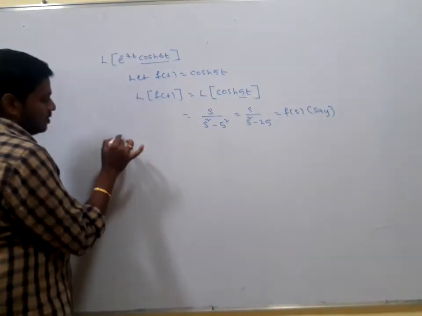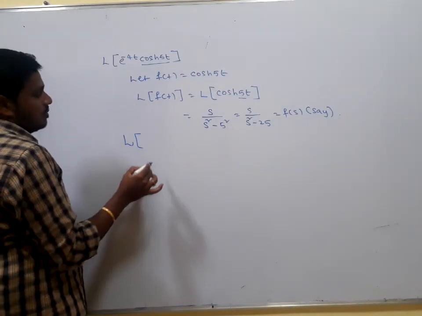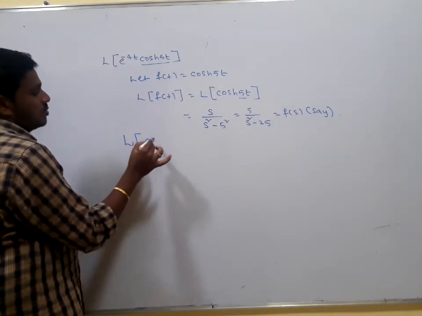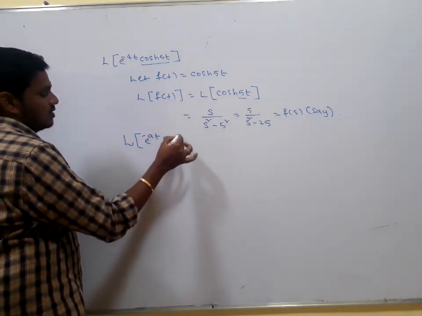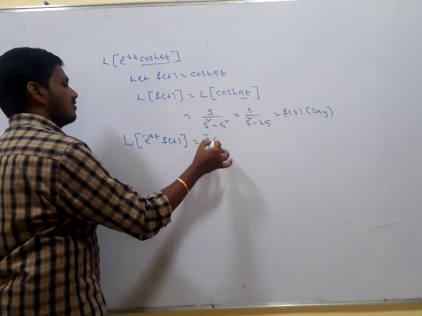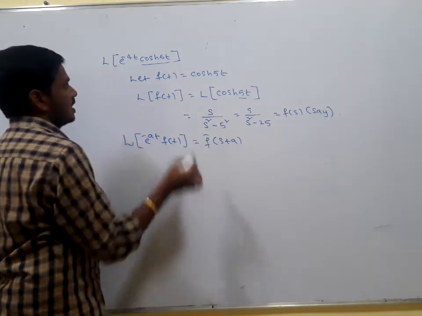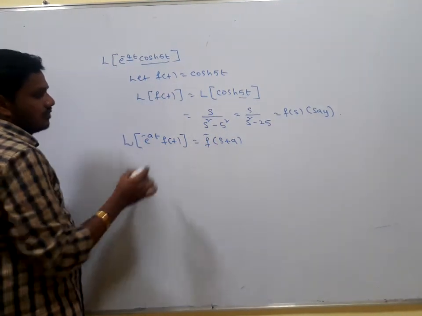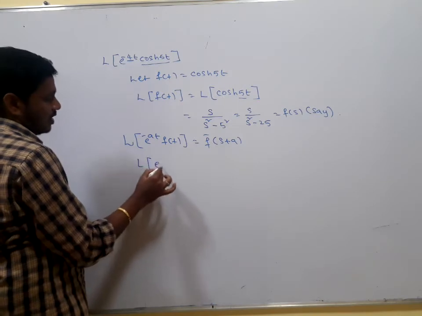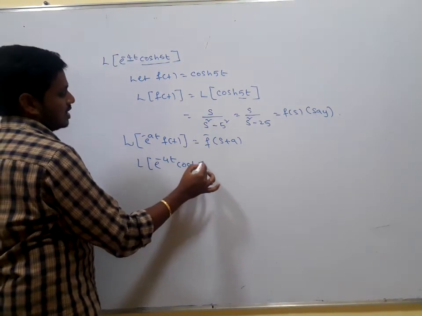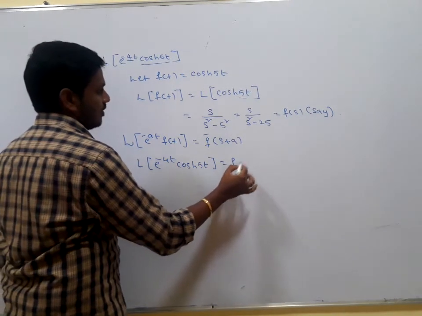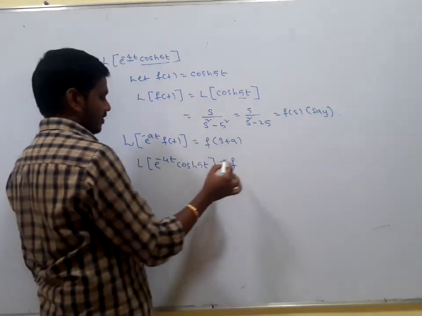Right. Now the Laplace transform of e to the power of minus at into f of t, by using the first shifting theorem, is equal to F bar of s plus a. Here a is equal to what? 4 is there. Therefore the Laplace transform of e to the power of minus 4t cosh 5t is equal to F of s plus 4.